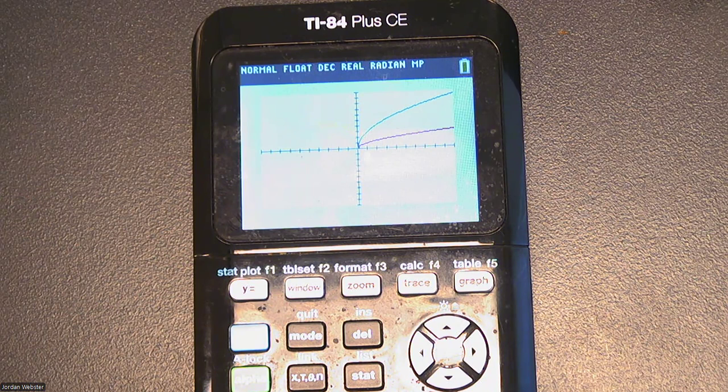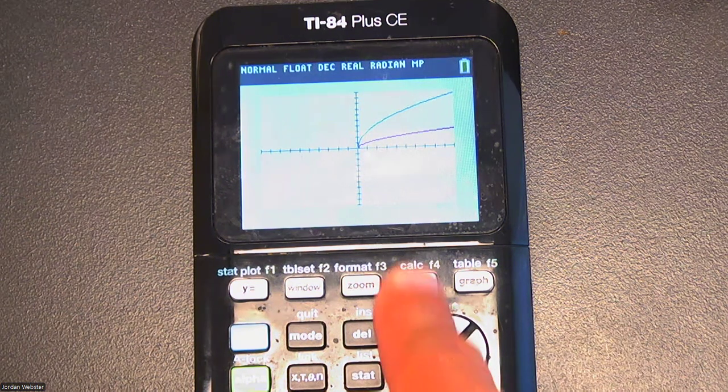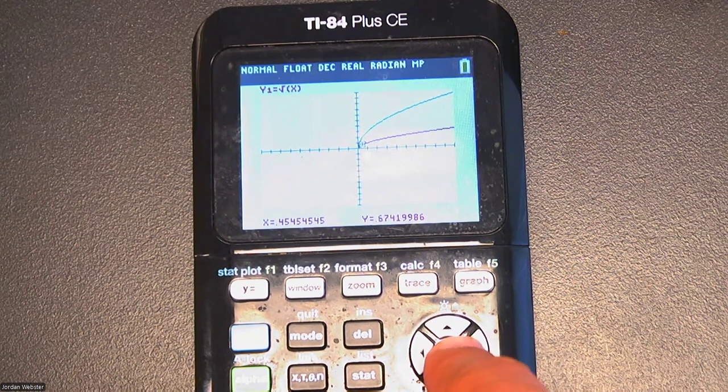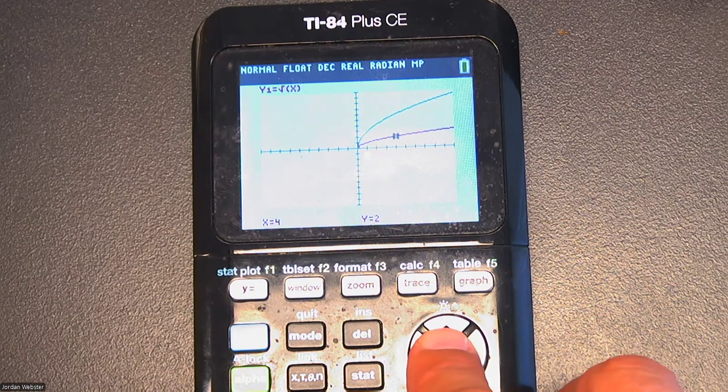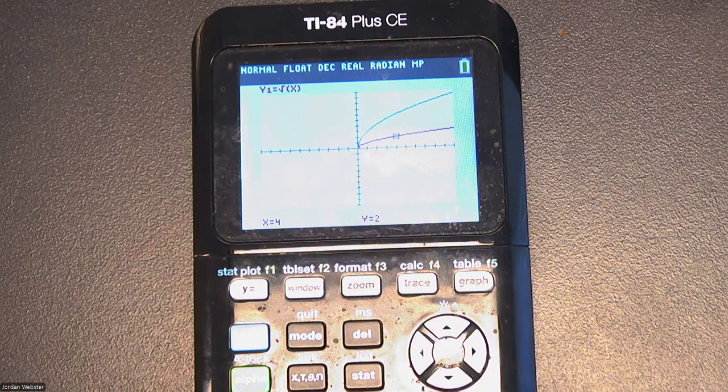So this one's kind of easy to trace. Let's do x equals 4. So obviously 4, 2. On the other one, if I typed in 4/9, I should also get 2.